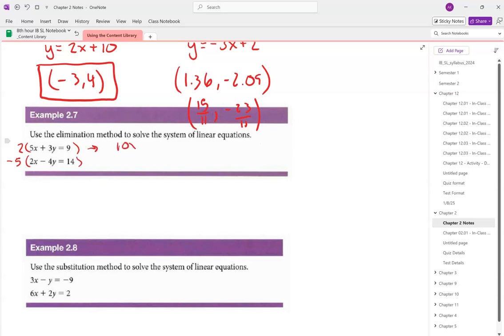So that's going to give me 10x plus 6y equals 18, and then negative 10x plus 20y equals negative 60. If I add down, I get 26y equals negative 42. So y is equal to what?